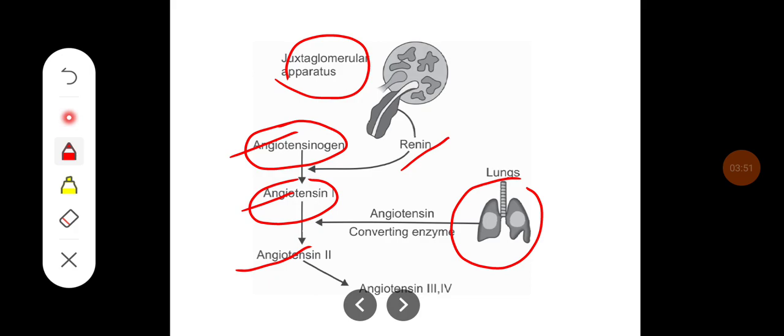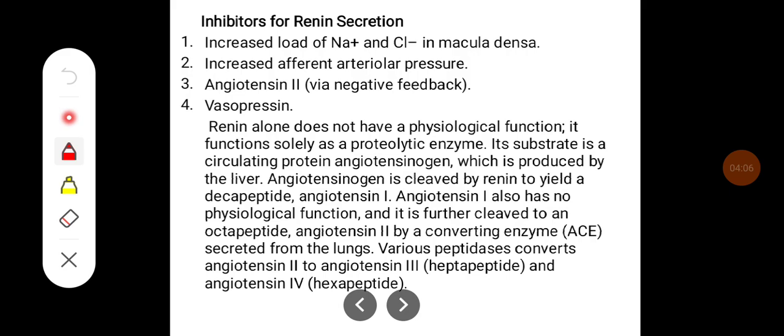Angiotensin 2 is a profound vasoconstrictor, and can increase sodium and water absorption from the renal tubules, and some of it is also going to be converted into angiotensin 3 and 4 as well.